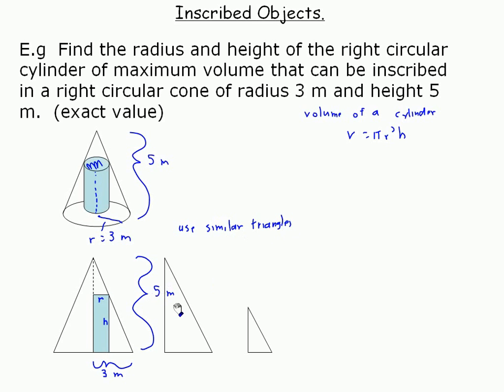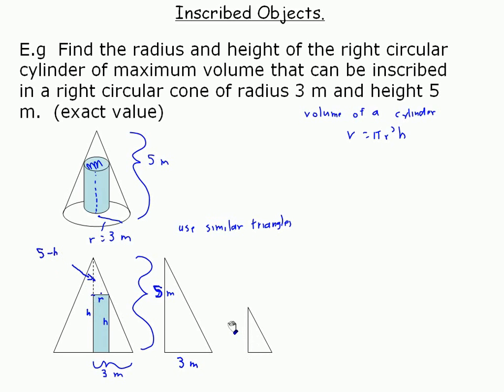And the big one is, well, I've got the 5 already there, so is going to be 5 meters. Interesting. So this would be 5, good location, because that's going to be just the height of it, and then this would be 3 meters across the bottom. But this smaller section for the triangle is going to be this one right up there. And if you take a look at the dimensions, if the whole thing is 5, and then this is h up to there, that top section is going to be 5 minus h.